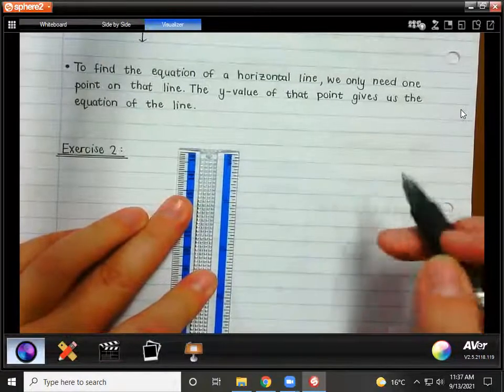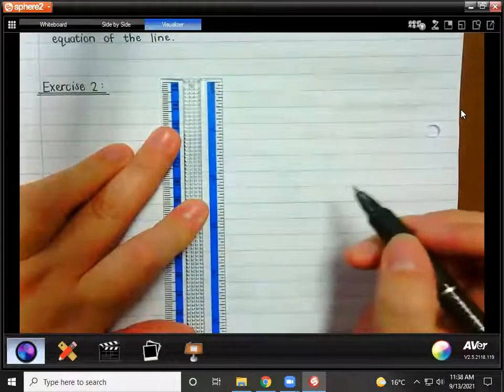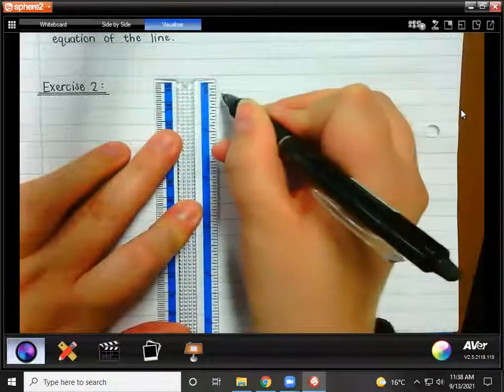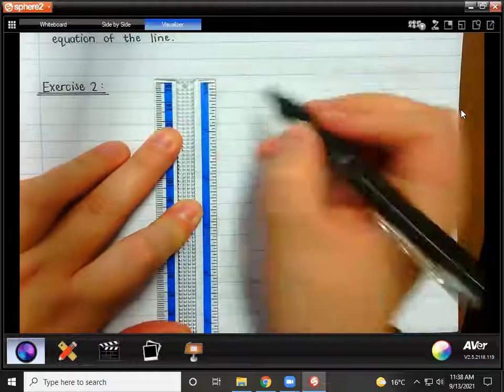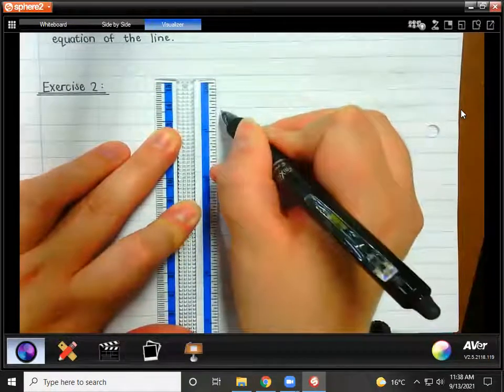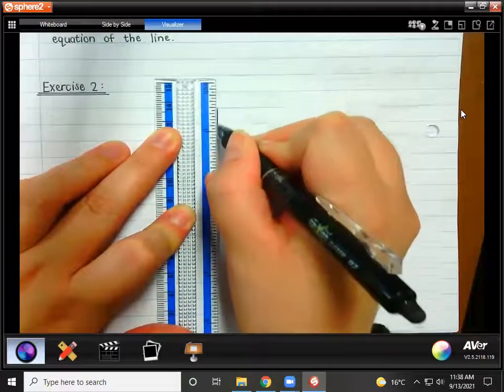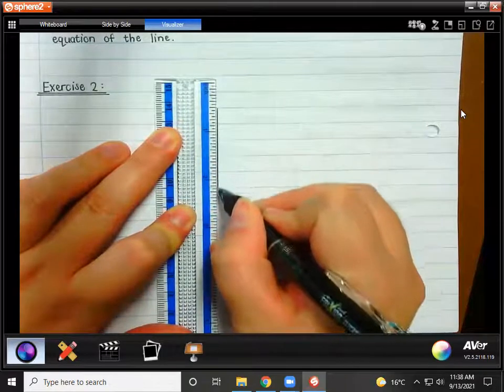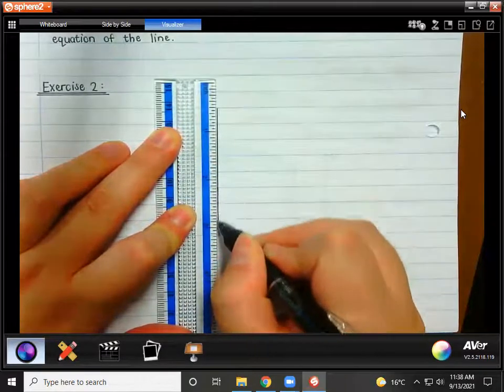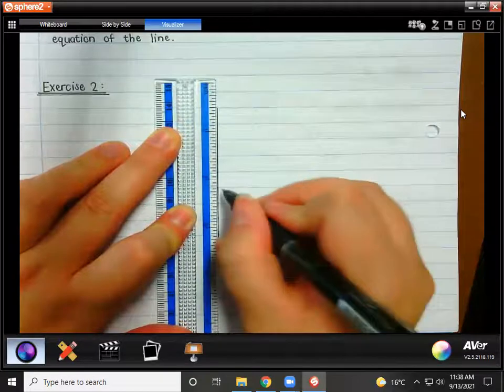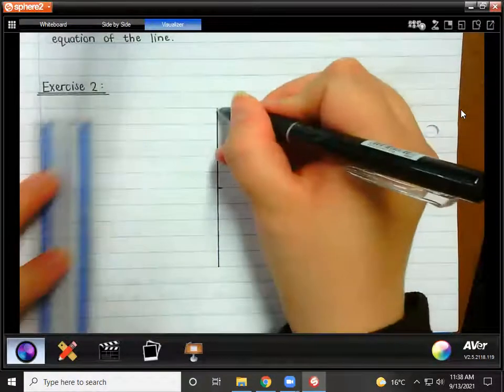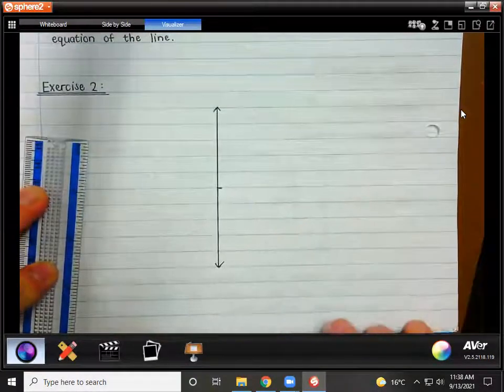I think I'm just going to give you guys a list of equations that you must draw myself. We're not going to go with the ones in the book. So let's just go from -5 to 5. Do you guys have 10 lines open? Okay, so do 10 lines like that.